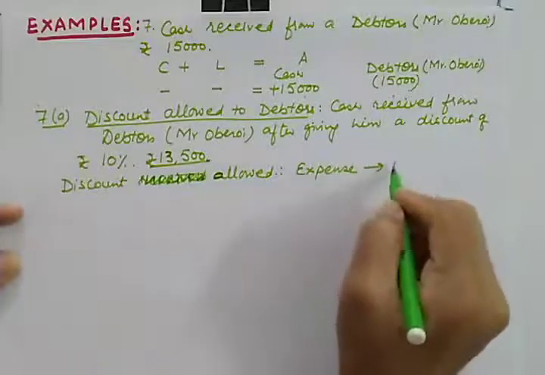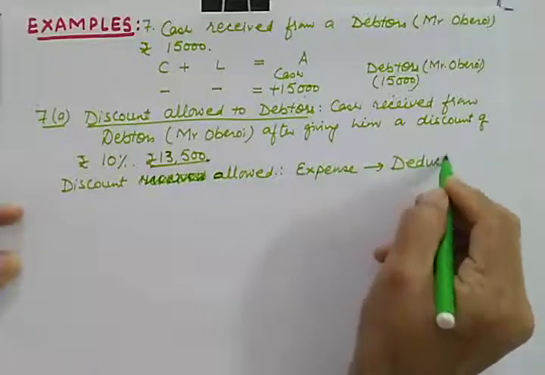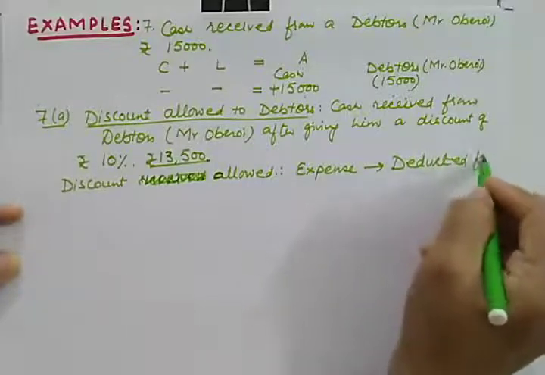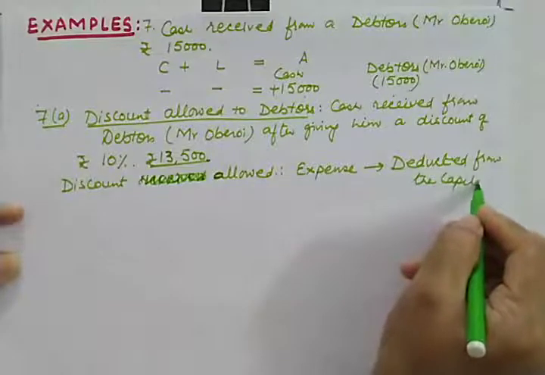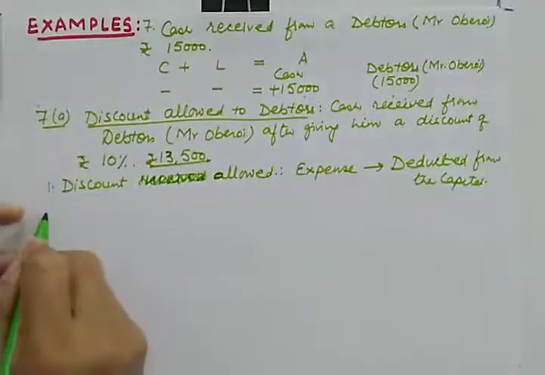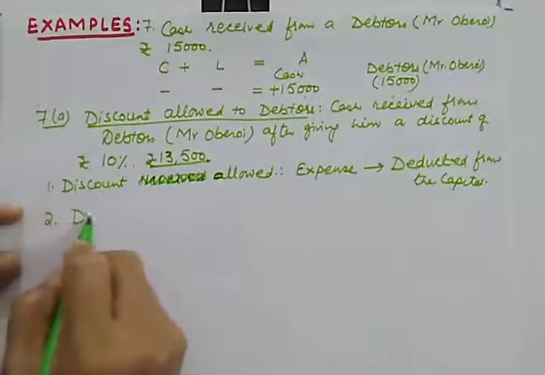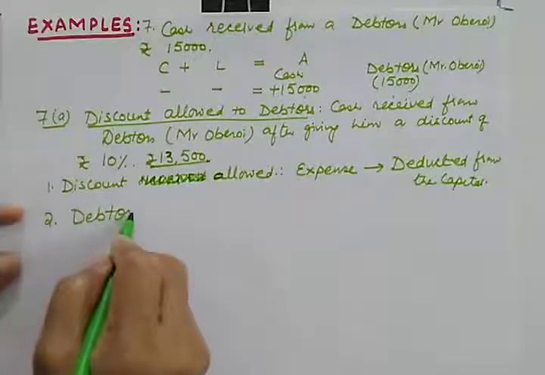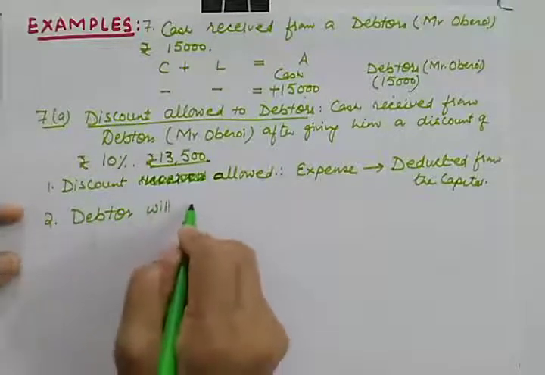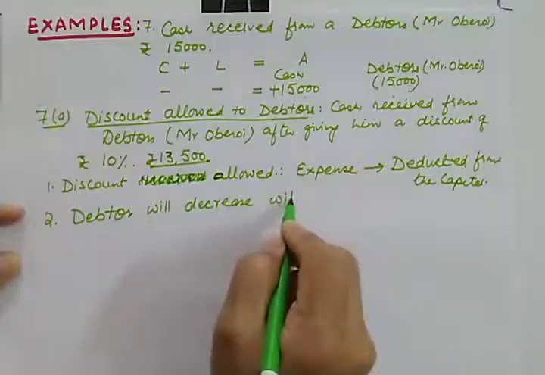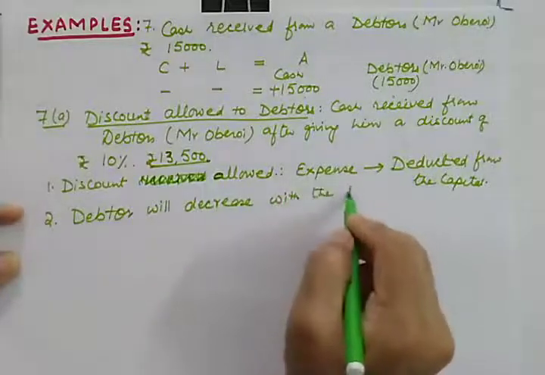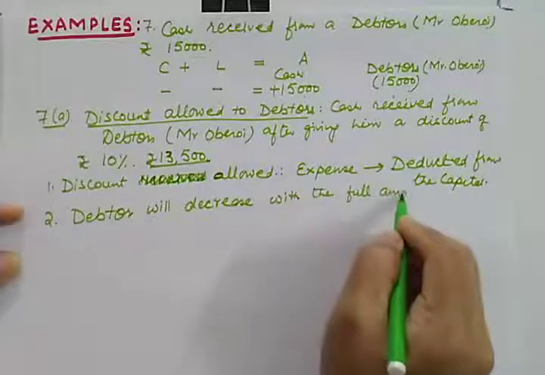Expense will be deducted from the capital. And second is your debtor will decrease. Debtor will decrease with the full amount. With the full amount. What was the full amount?